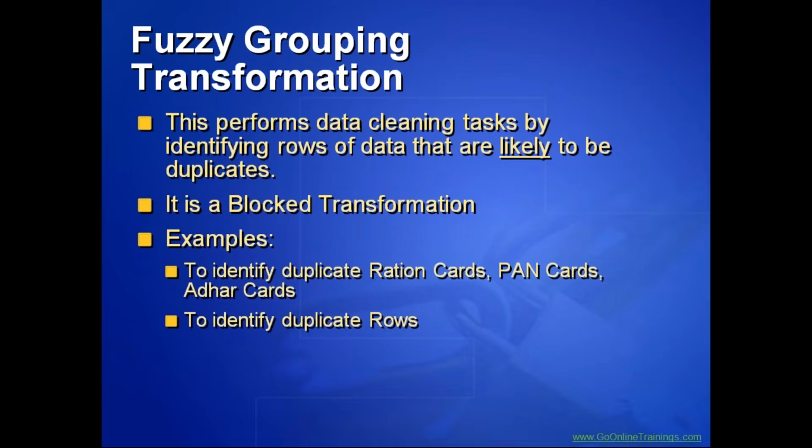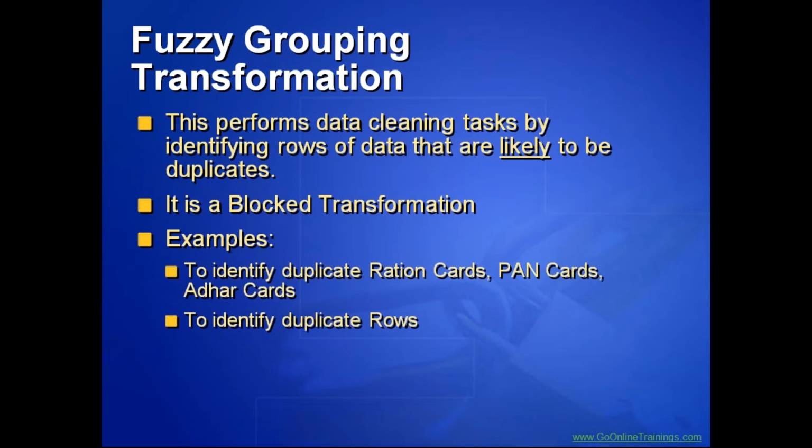Now we have one more with fuzzy, that is the fuzzy grouping transformation. This performs data cleansing tasks by identifying rows of data that are likely to be duplicates. It's also a block transformation. For example, to identify duplicate social security number cards, ration cards, PAN cards, Aadhaar cards.